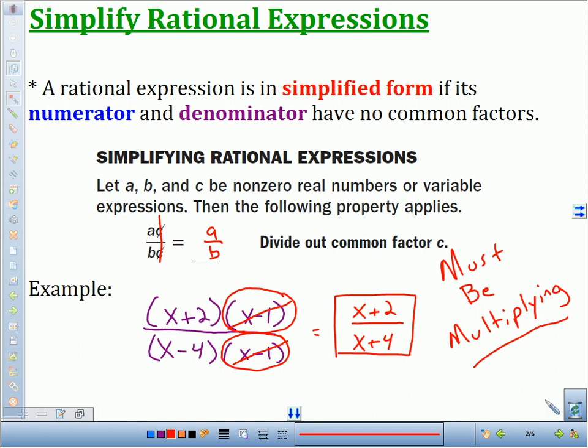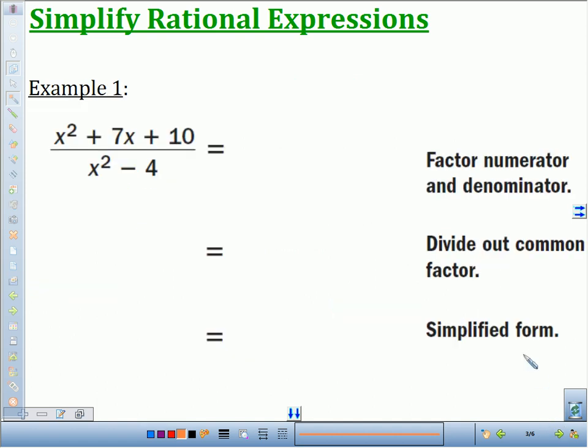All right, so that's the basic trick. That really is all there is to it. Now, of course, obviously there are going to be some more steps involved. Not every problem is going to give you a bunch of binomials that you can cancel out. But we can see it's not going to be too terribly difficult.